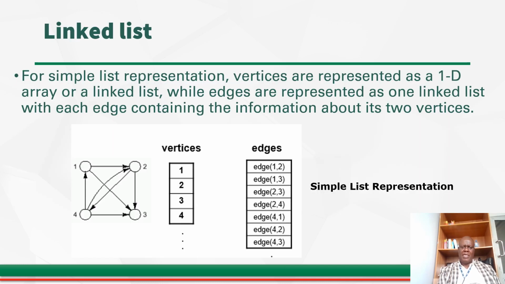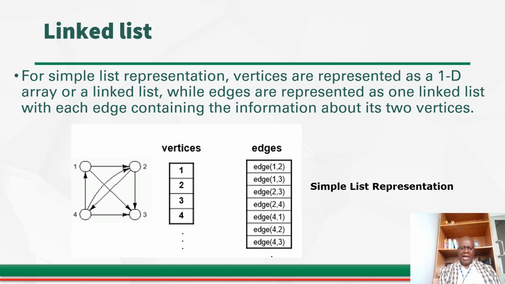For simple list representation, vertices are represented as a one-dimensional array or a linked list, while edges are represented as one linked list with each edge containing the information about its two vertices. So you could see the vertices 1, 2, 3, 4.